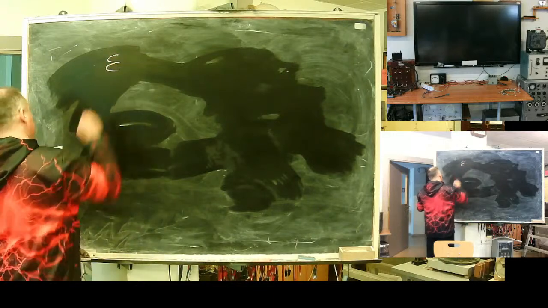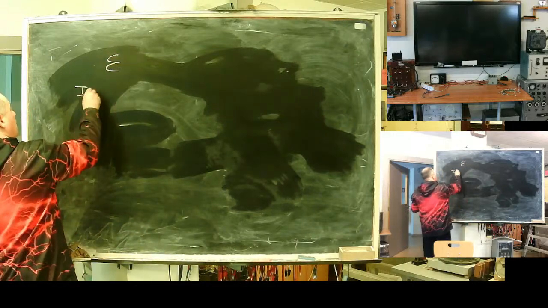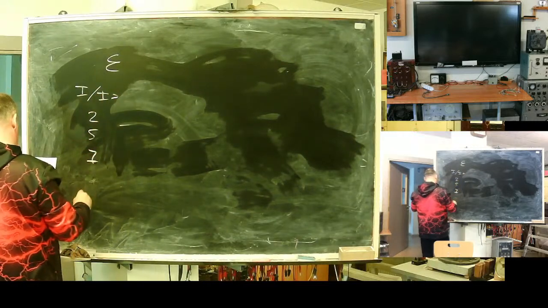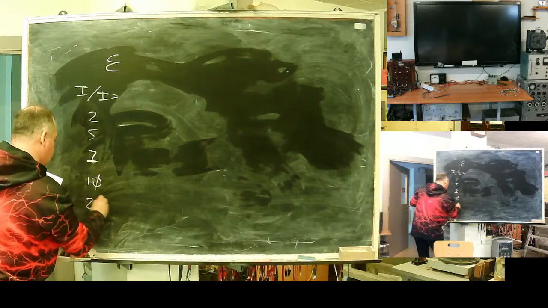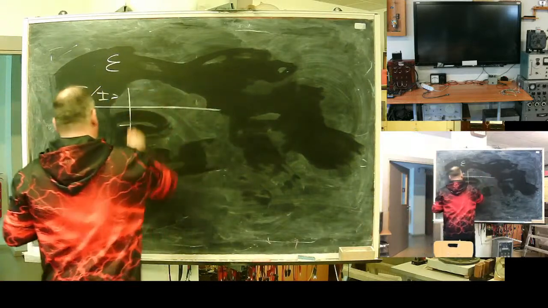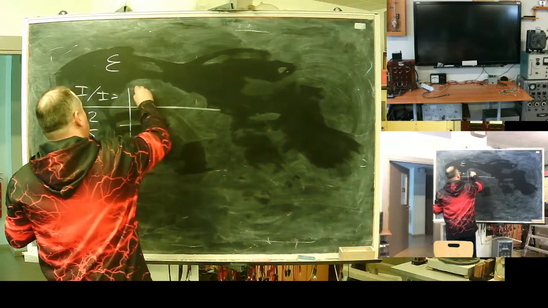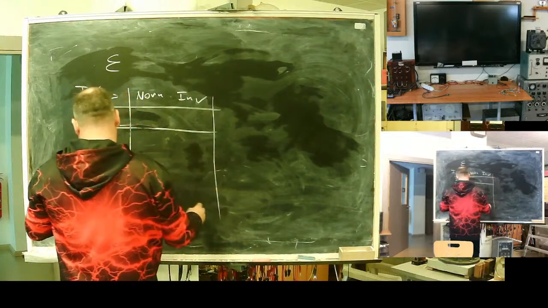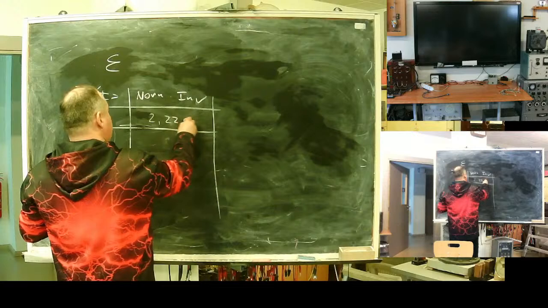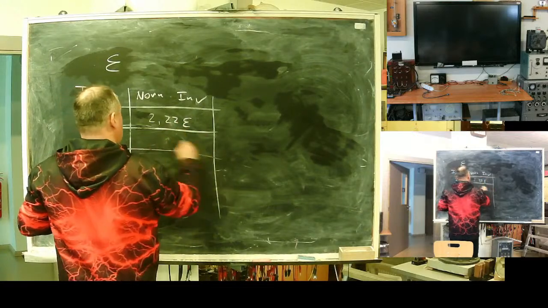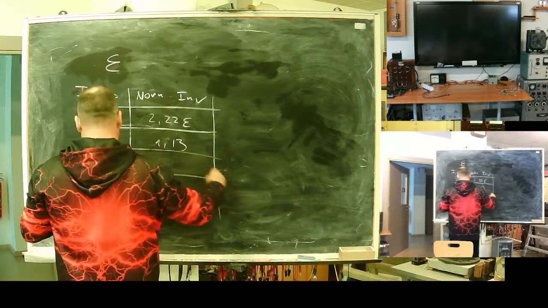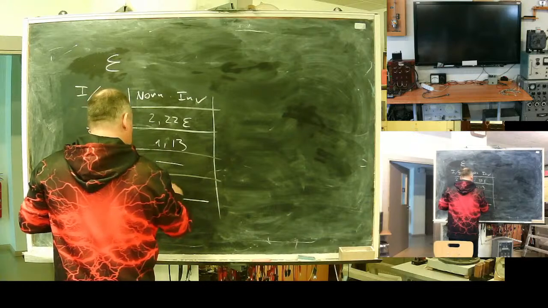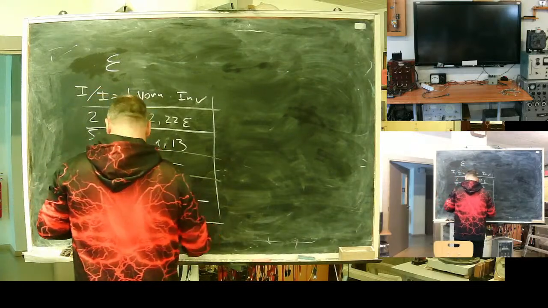So if accuracy is epsilon, I by I3, 2, 5, 7, 10, 20. The allowed tolerance for normal inverse will be 2.25 epsilon, 1.14, not specified for 10 times, 1.01 and 1.